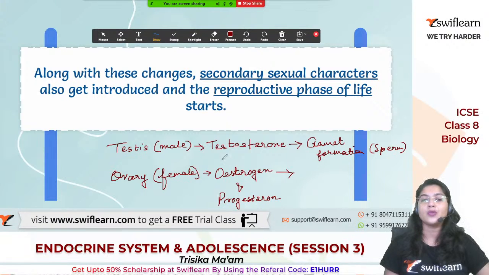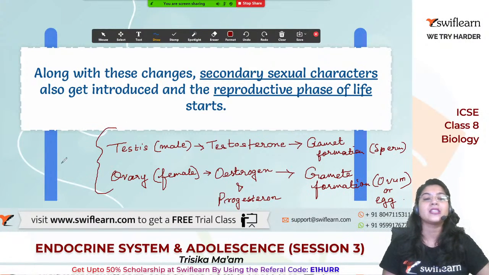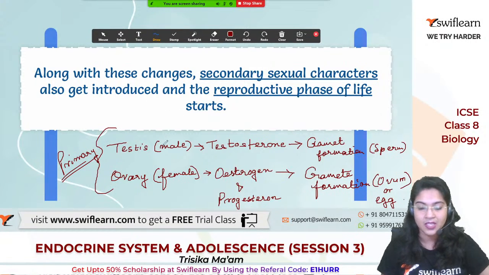And also, due to the growth and development of the ovary, gamete formation takes place. So what is the female gamete? Definitely it will be ovum. Ovum is the singular word, ova is the plural word, always keep it in mind. Or we can also call it egg. Okay, so these are the primary changes which we can see in the adolescent period during puberty. The primary sexual characters.